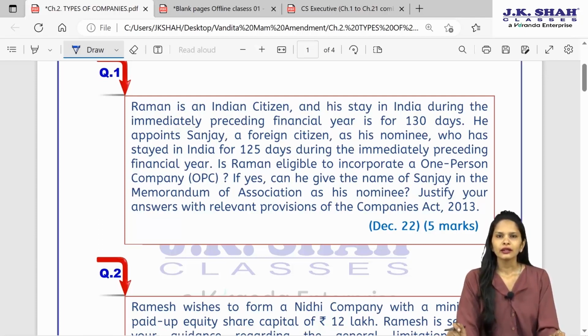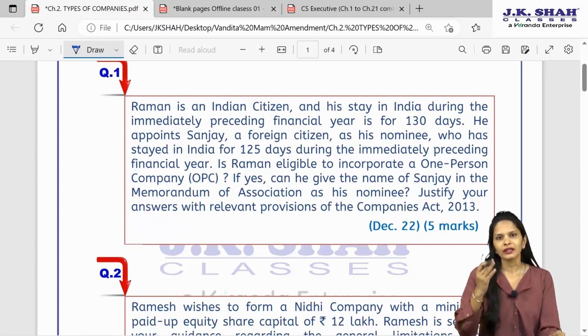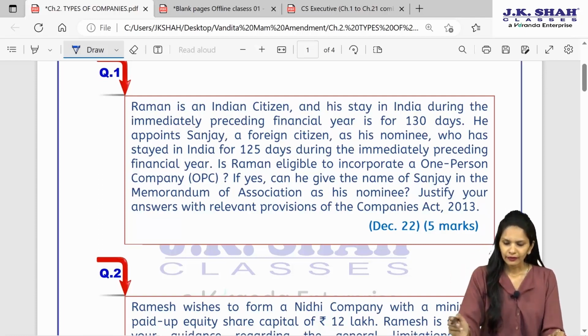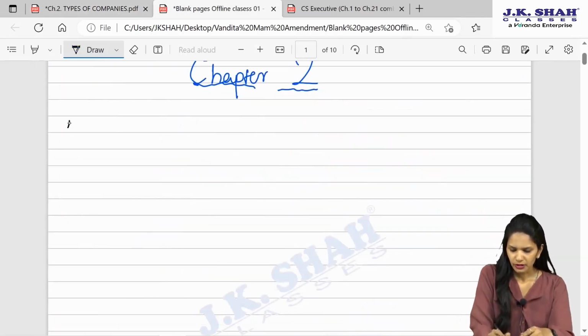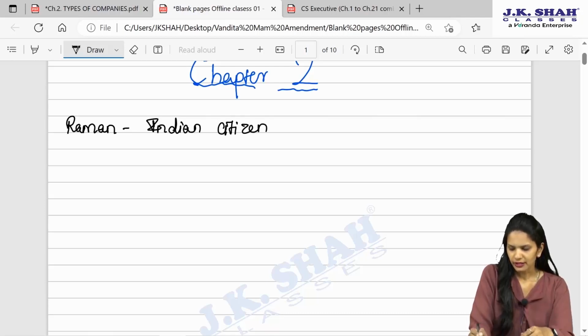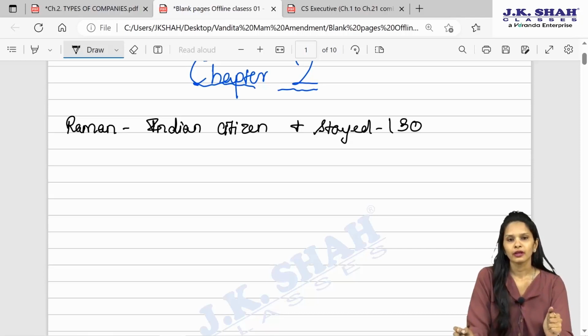I understand, students, that it's very difficult to recollect the entire question. So what you can do, if you're not able to interpret the question properly, is make parts of it. For example, the first point we saw is Mr. Raman. Raman is an Indian citizen, and he has stayed in India for the period of 130 days, right?